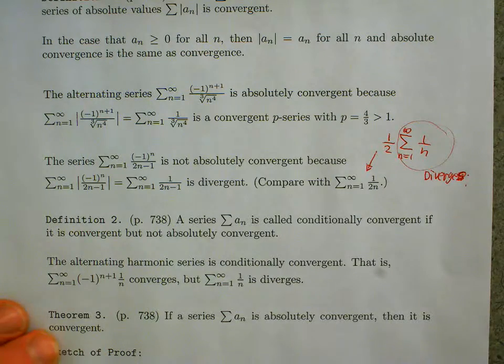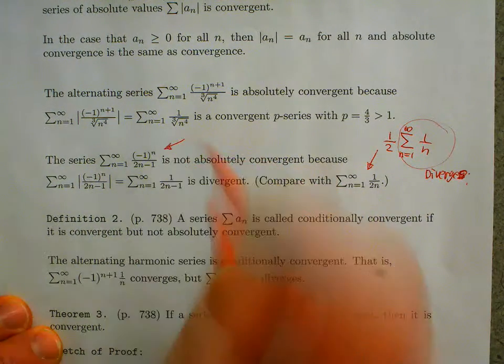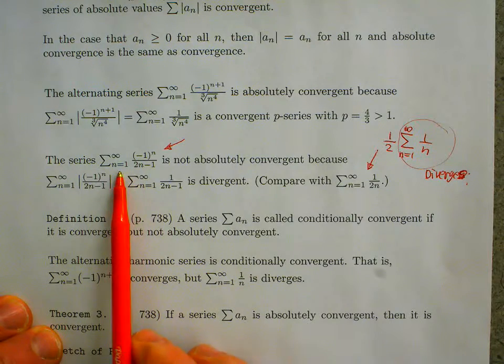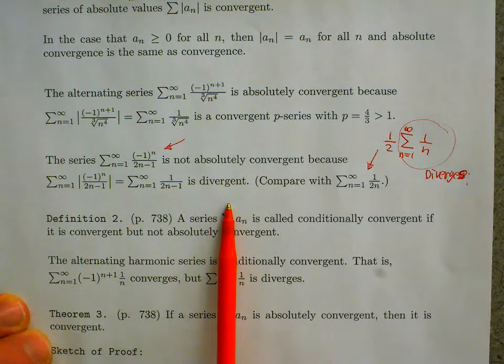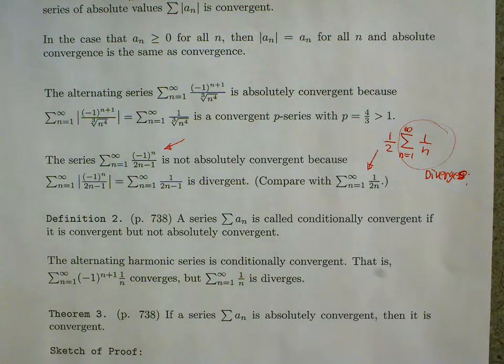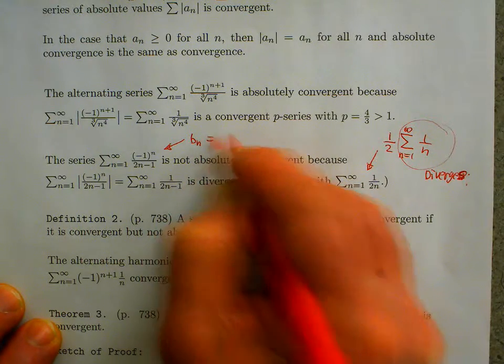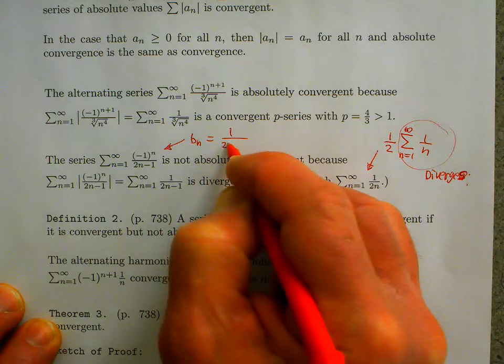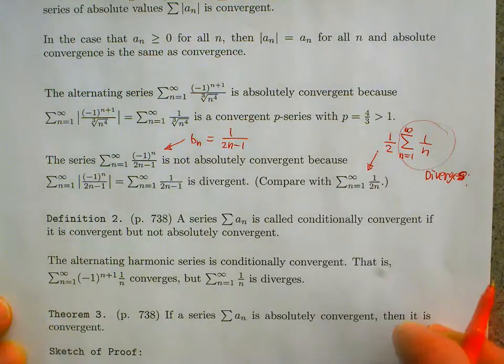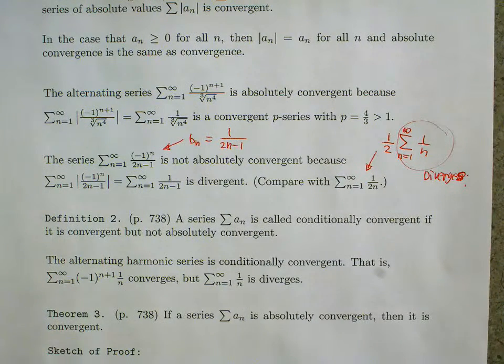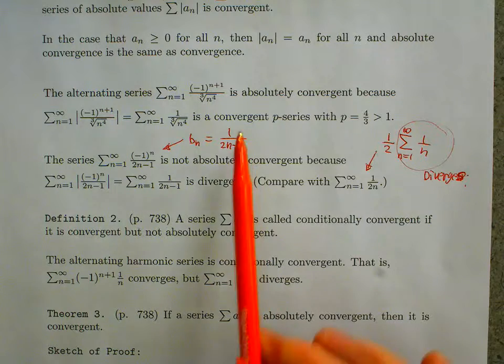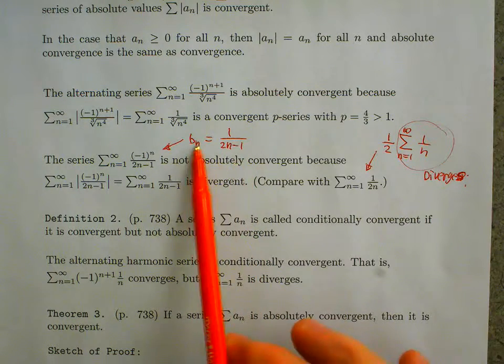Okay, another note. Does this alternating series converge even though it's not absolutely convergent? Yeah, so the positive terms are 1 over 2n minus 1, and that sequence decreases. And b sub n also goes to 0.